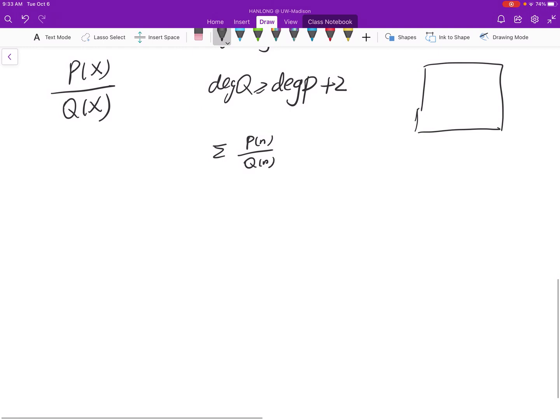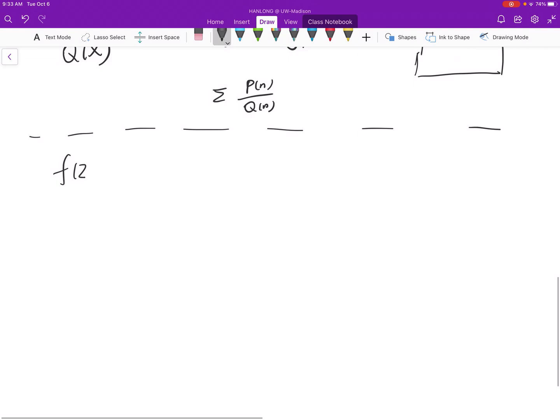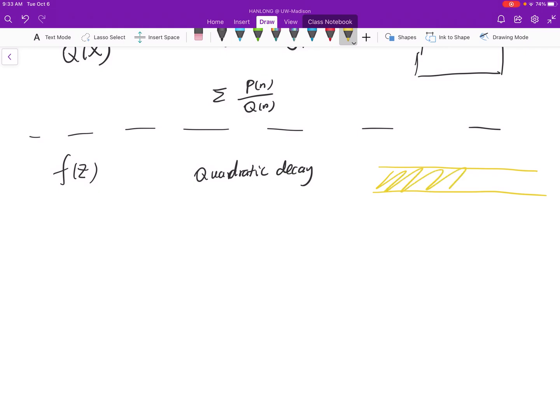Here we want to mimic it, but under a weaker condition: we only know quadratic decay along the horizontal direction, and the function is only defined in a strip with a little bit of width.